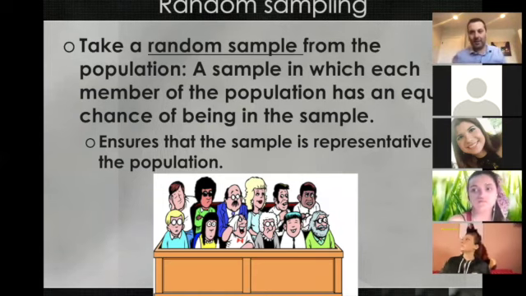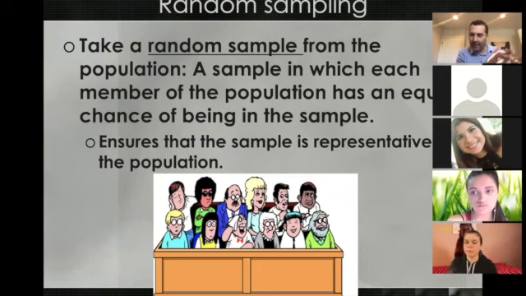It's not purely random sampling, but basically, if you ever get a letter in the mail saying you've been selected to sit on jury duty, that means you were selected randomly, because the idea is that we want a jury to be representative of the population at large. And the only way to ensure the jury is representative of the population is to basically pick them randomly. So that's effectively why jury selection is a quasi-random process, to ensure the jury is representative of the population.